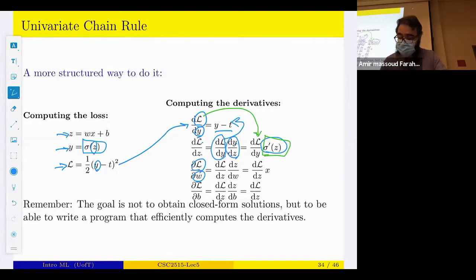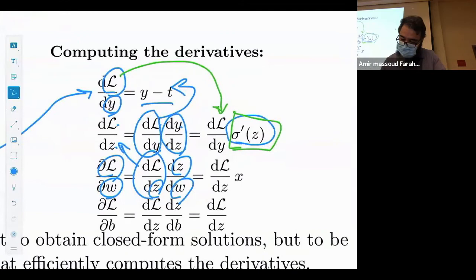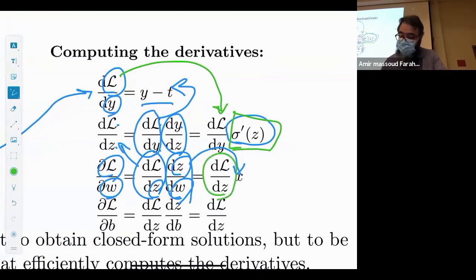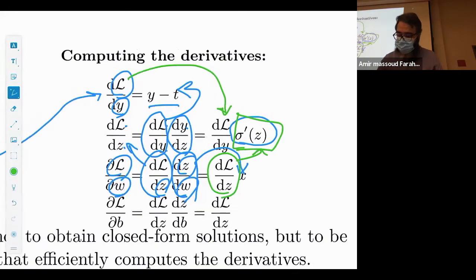We can write it as the gradient of L with respect to Z, which has already been computed here, times the derivative of Z with respect to W. We see that it's just X. So this whole term becomes X, and the other term, the derivative of L with respect to Z, has been calculated before, so I can just plug it back here.